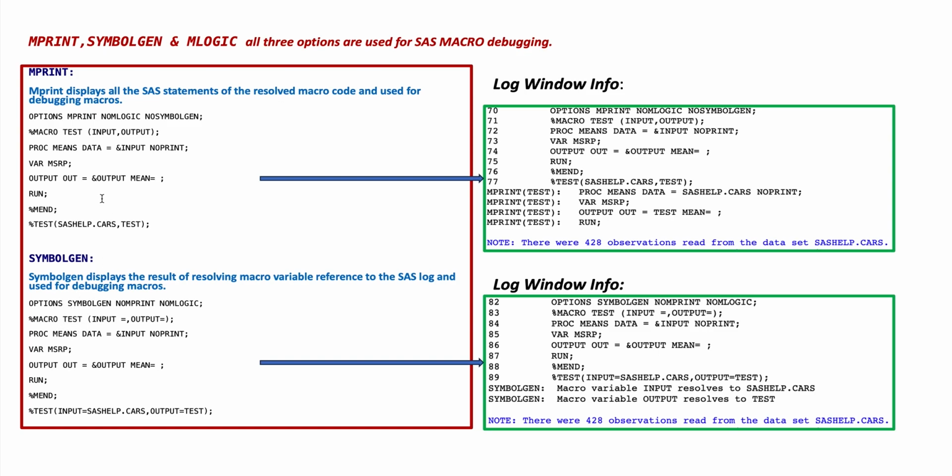We use the same set of macro code. When we run the second set of macro code, we will get the information in the log window as shown on the right side, second table. It says macro variable input resolved to sashelp.cars and macro variable output resolves to test. That means only resolved information is printed on the log window.